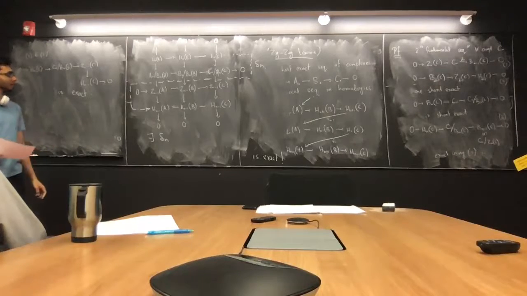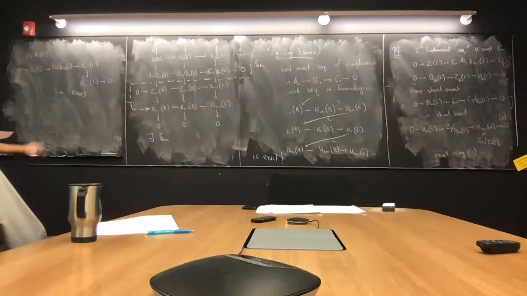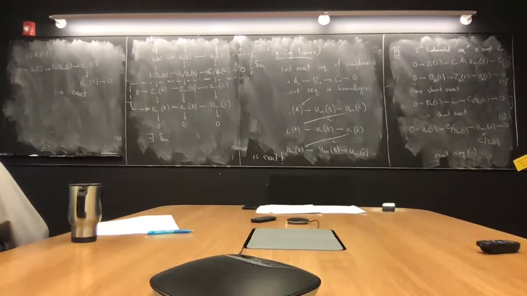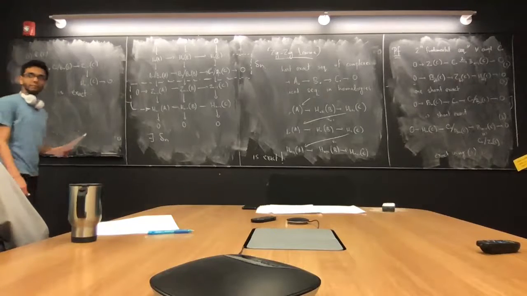But that's the same thing, because having a sequence with four terms A, B, C, D and then two zeros, the exactness of that is equivalent to A being the kernel of the map in the middle, and D being the cokernel. So this is in fact exactly the type of diagram.